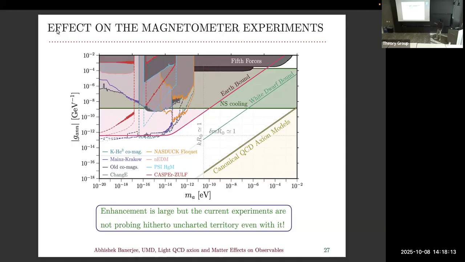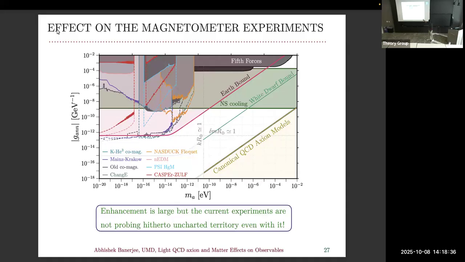But right now, even with this enhancement, we are not at a point where we can probe some uncharted territory. Not yet. But if they can improve, let's say they take this red line. I think this red is CASPEr-ZULF, the flagship experiment proposed in 2013, right, Kasper, at that time.